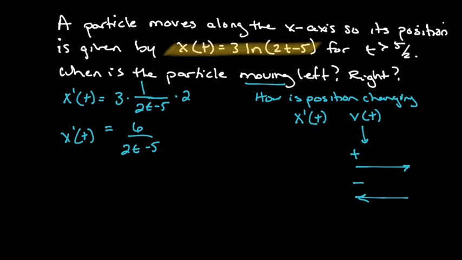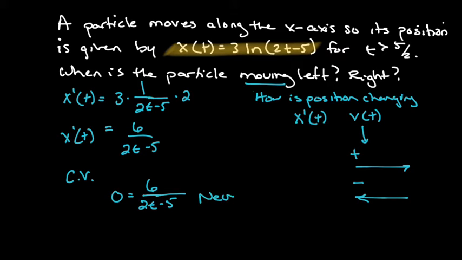Now, I really want to figure out when the derivative is positive and when x prime is negative, which really means I'm wondering when x prime could change from positive to negative. So what we're looking for are our critical values. I'm looking for when 0 equals this thing, and using structure, I realize the numerator would have to be 0, so this is never 0.